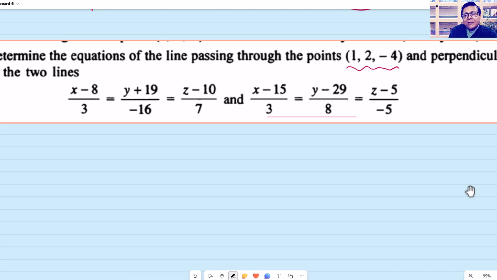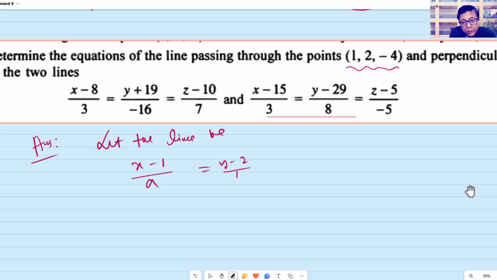So we go by symmetrical form. We assume that the line be, in one-point form, (x minus 1) by A, (y minus 2) by B, (z plus 4) by C. Okay?